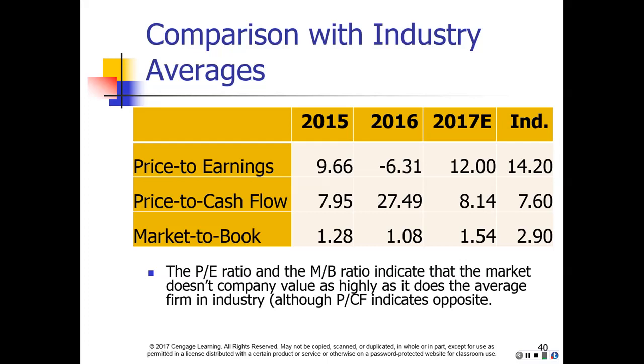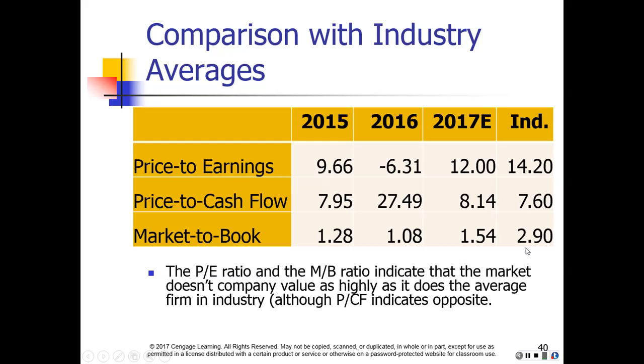Okay, so let's look at these ratios and how they compare to the industry average. The PE ratio will improve to 12. Price to cash flow ratio actually falls, and market to book value ratio improves. But the PE ratio remains below the industry average.